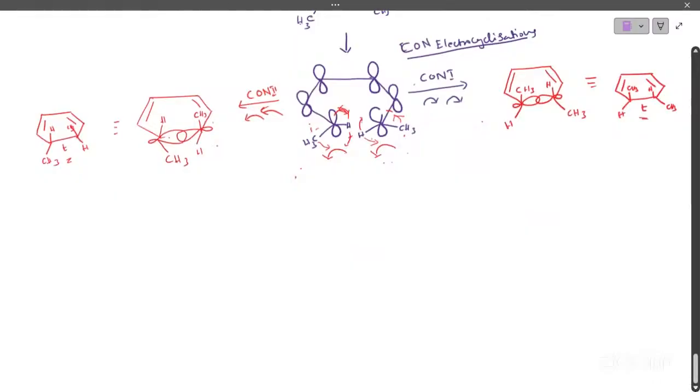We can take the same example for different rotatory electrocyclic reactions. We can take the same molecule.